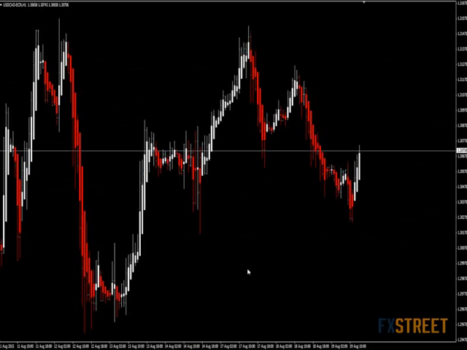So this is how Heiken Ashi looks when it's applied on a standard MT4 black background template. Usual colors of Heiken Ashi are white and red. So white and red. When you see a white Heiken Ashi candle, that means that candle is bullish.